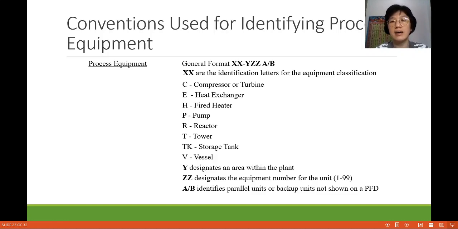Okay. A spare unit is crucial because it is for the purpose of maintenance work. So once one of the pumps requires maintenance, then we have to actually switch it off for maintenance, and we switch on the spare pump.